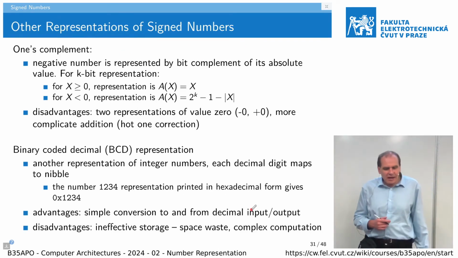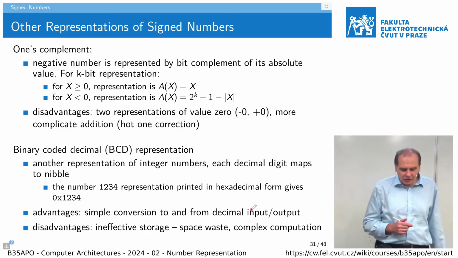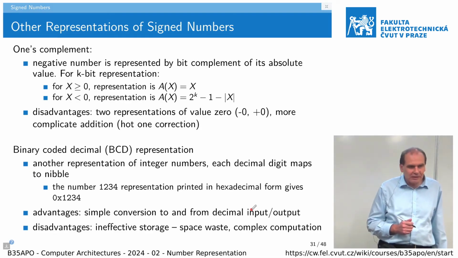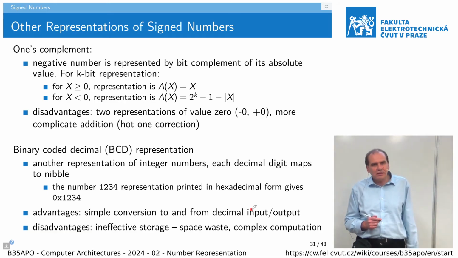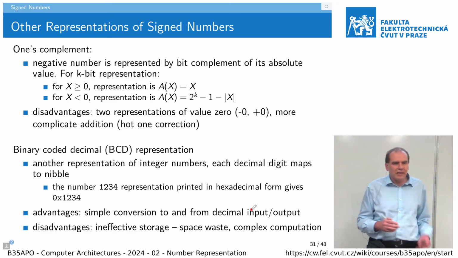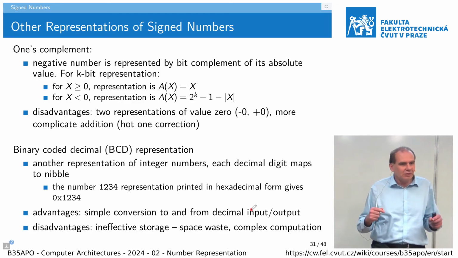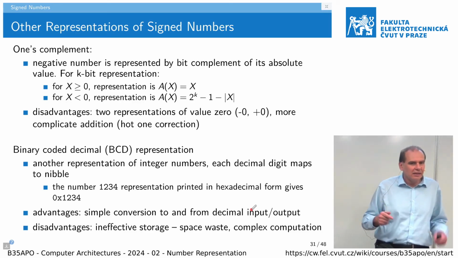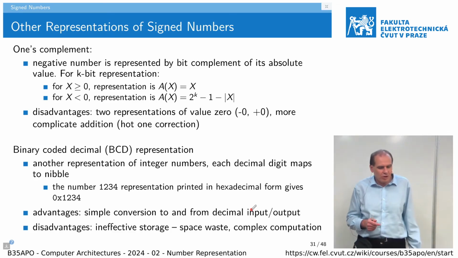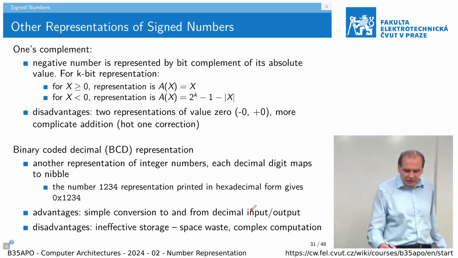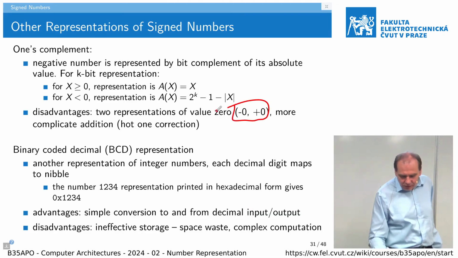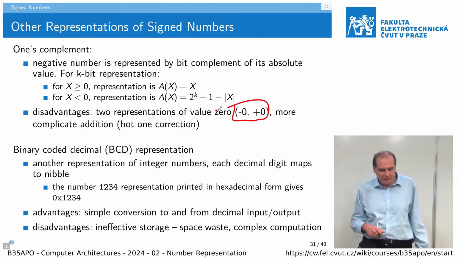There are even other representations. One is the one's complement representation. It is easier to compute the complement because you take the value and only complement each bit, so there is no final add one as for the two's, or modulo, complement. This representation has the disadvantage that you have two zeros, one positive, one negative.